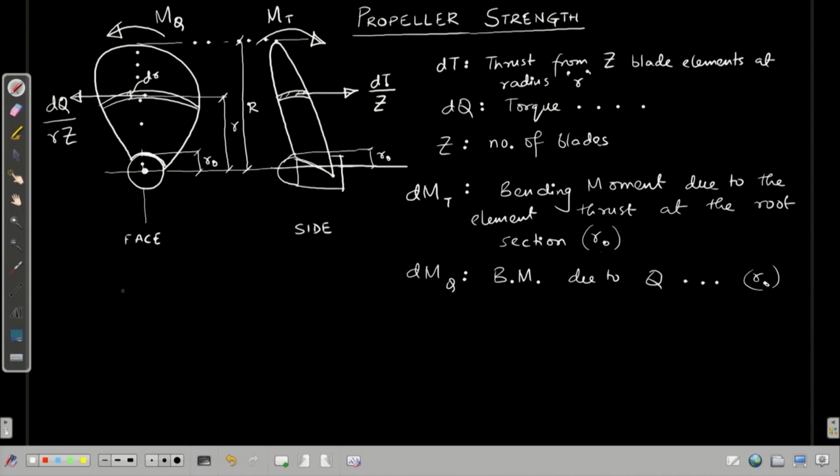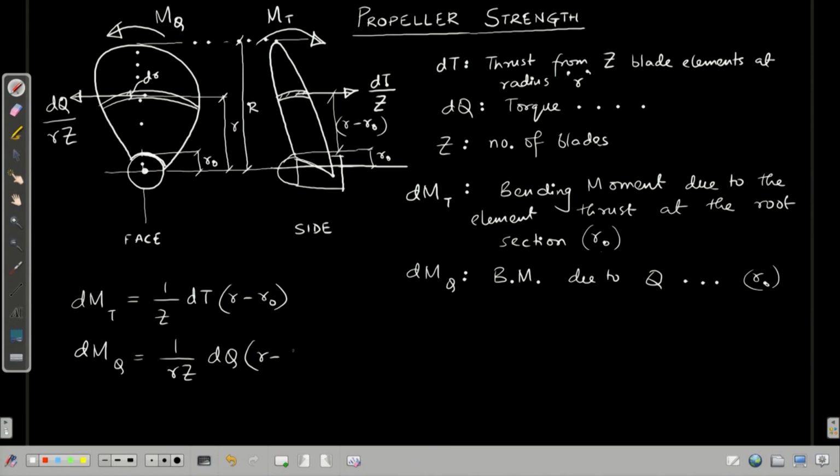So, what is dM_T? It will be 1 by Z dT into (r minus r0), simply the force into the moment arm, because this is r minus r0, the arm, and the same thing for dM_Q is 1 by rZ dQ (r minus r0).